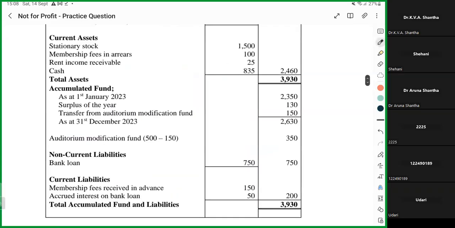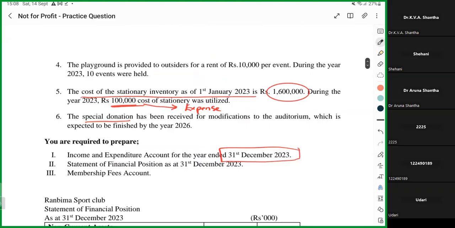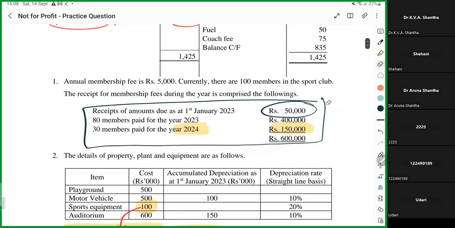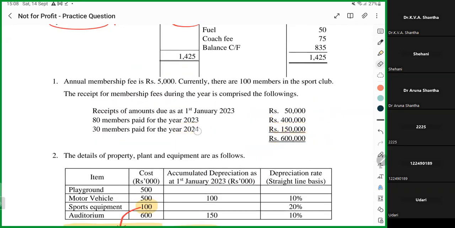Then you see fees received for the year. Now this is important. Membership fees received for the year 400.